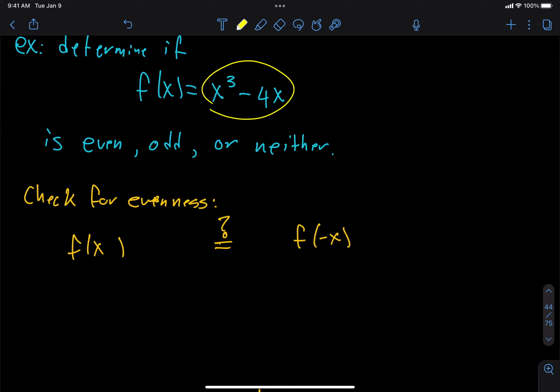So let's see what the left-hand side is. The left-hand side is just x cubed minus 4x. And on the right-hand side, I'm going to plug in negative x with parentheses. I will get negative x cubed minus 4 times negative x. Left-hand side stays the same. Let's simplify the right-hand side.